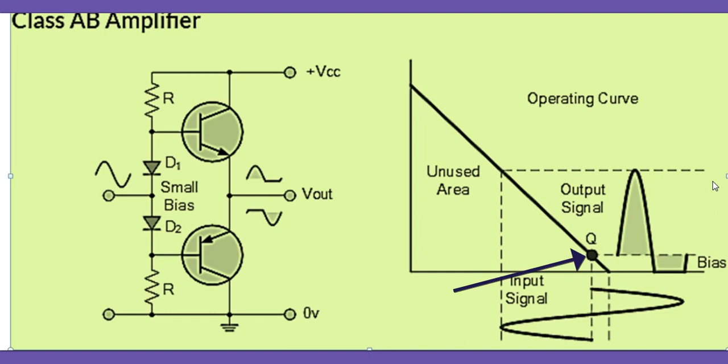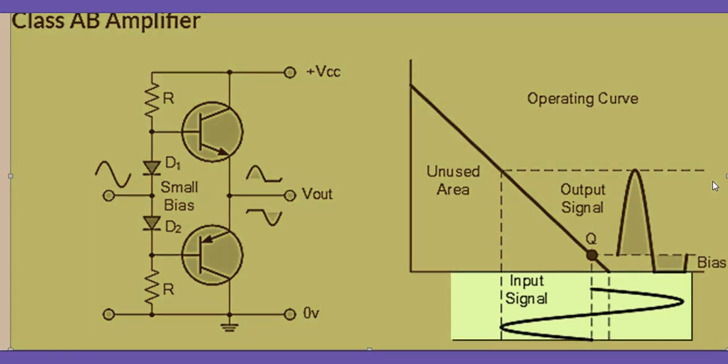So what happens if the input signal is varying like this?